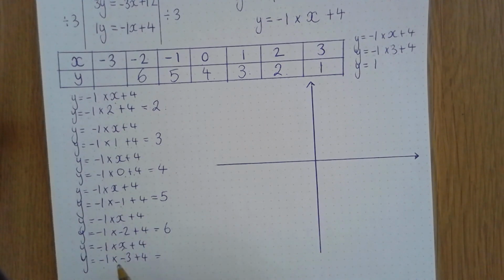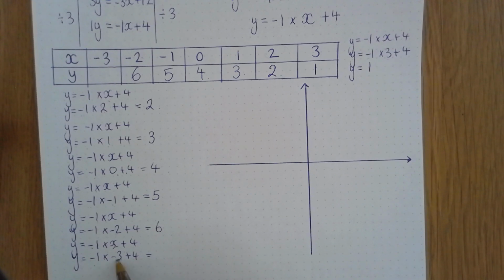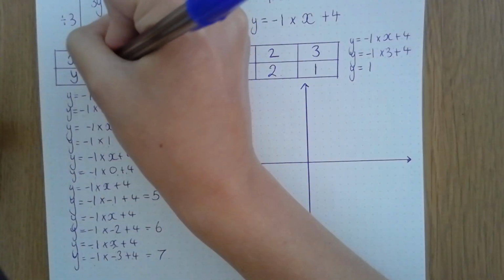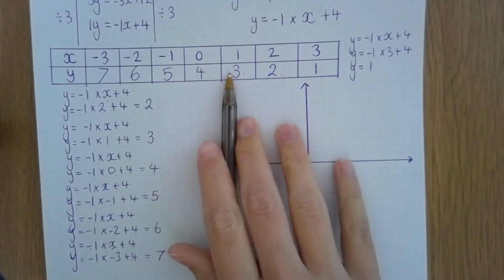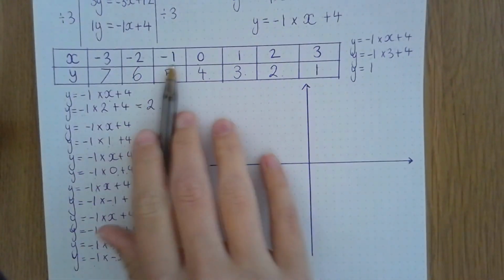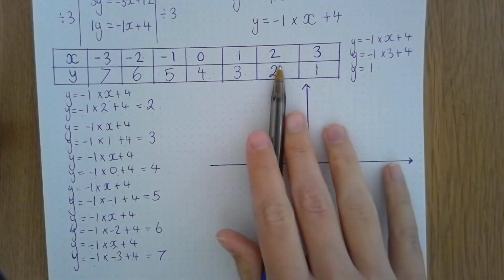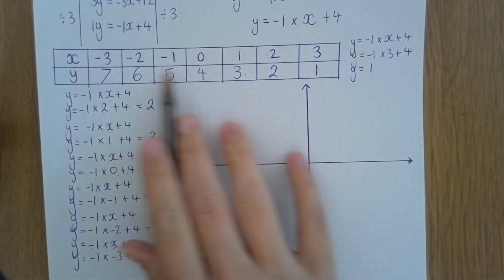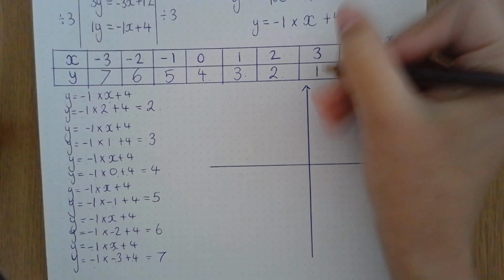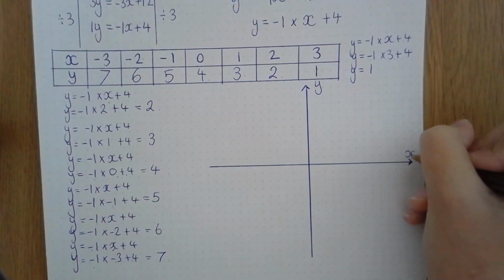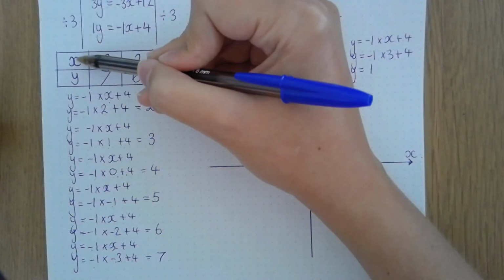Negative 1 times negative 3 is 3, and 3 plus 4 is 7. But you should have been able to see the pattern, so you may not have had to do these last few, because you should be able to see 1, 2, 3, 4, so you can guess 5, 6, 7. Okay, so this is my y-axis, this is my x-axis, so we can see x and y.